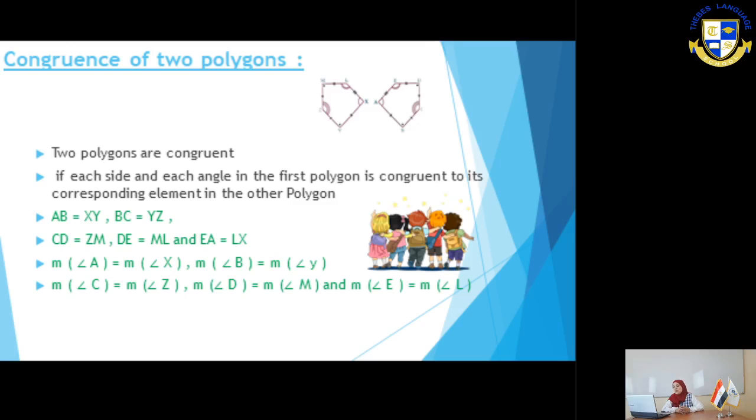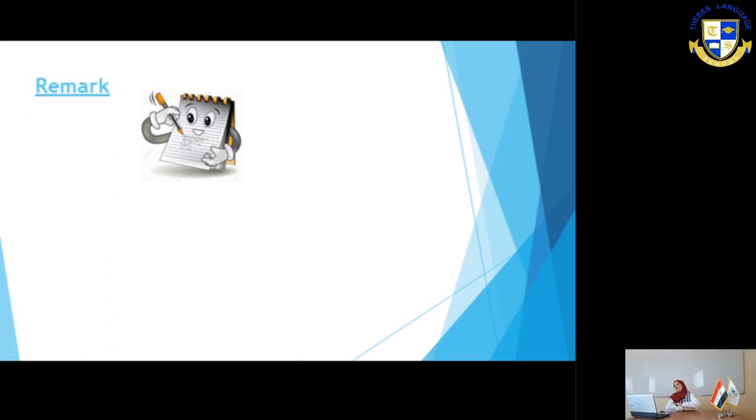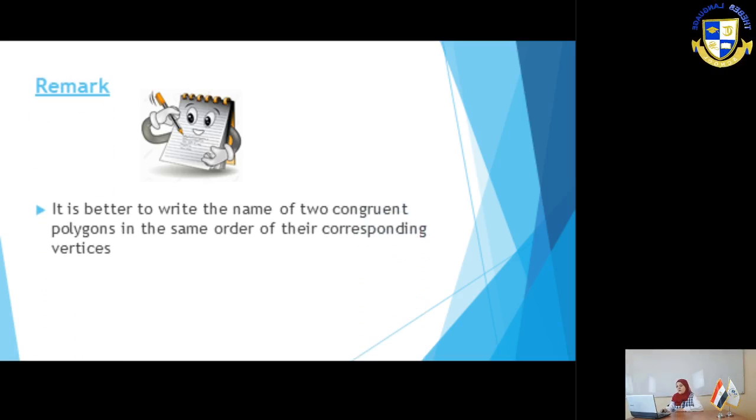So the two polygons satisfy the two conditions, so the two polygons are congruent. We can say the polygon ABCDE is congruent to the polygon XYZML. Let's move to slide number 5. We have a very important remark for you.